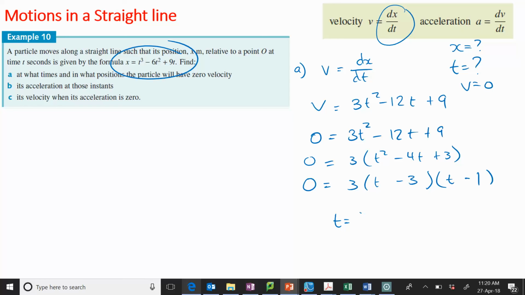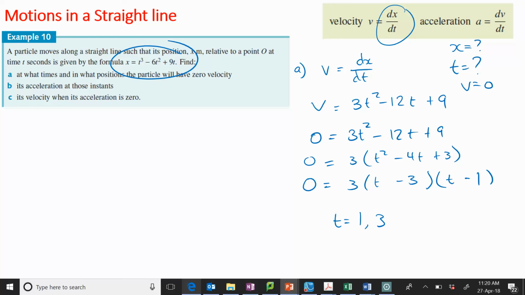So what does this imply? These questions are pretty straightforward. I haven't talked about speed at the moment, but when you are required to work out speed, this is when it gets tricky. You see, when t equals 1 and 3, velocity equals 0. What does that mean in this context?